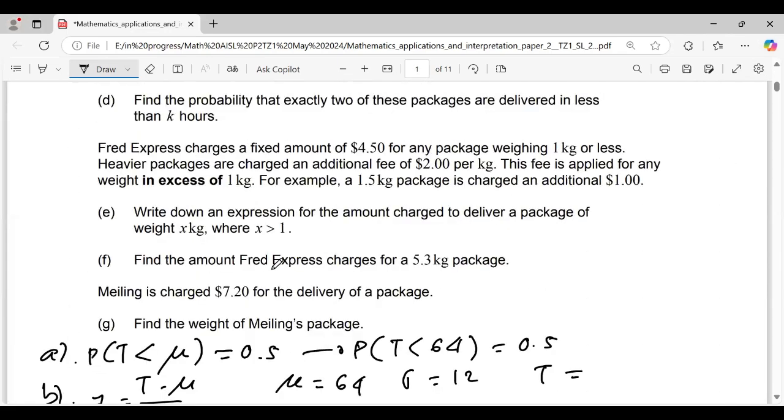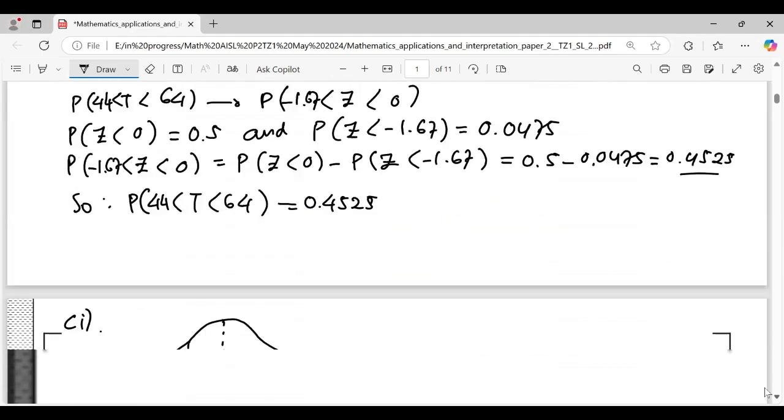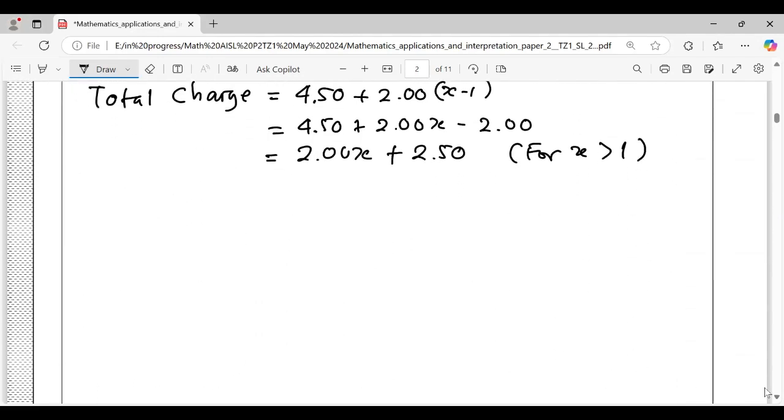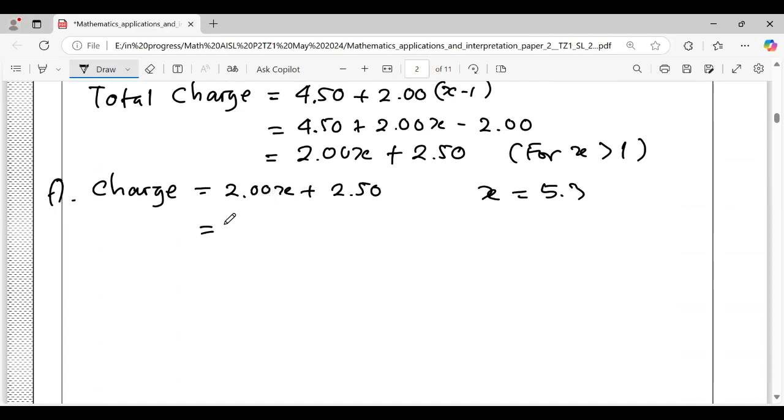Next, find the amount Freight Express charges for a 5.3 kg package. Okay, F. The total charge is 2.00x plus 2.50. Now substitute x equals 5.3 into this expression: 2.00 times 5.3 plus 2.50.